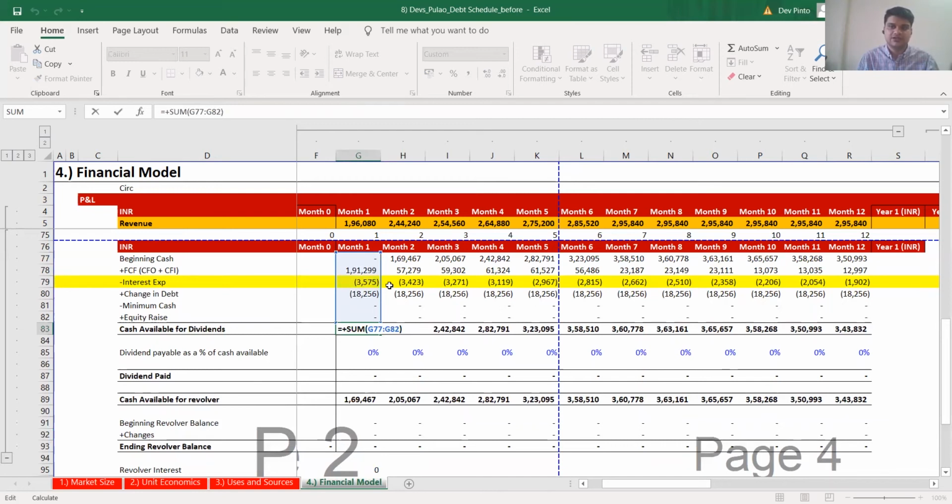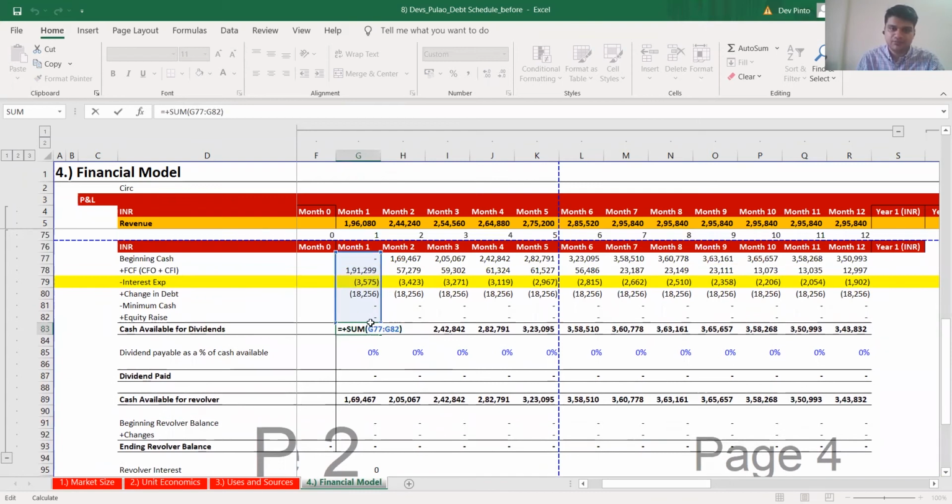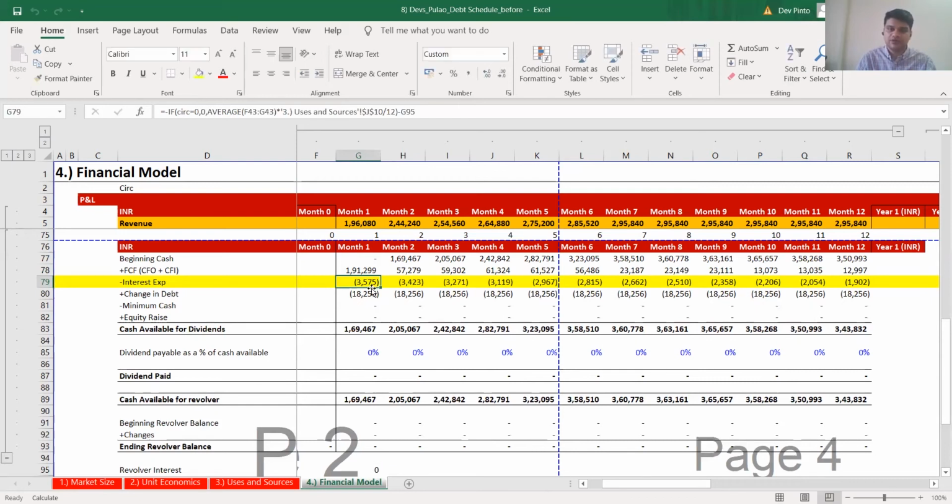So essentially what's happening is the output is linked to the input, because this interest expense component here has interest on the debt that I used to start the business, as well as a revolver. And basis what that amount is, I'm going to have a cash flow amount here, and basis what this is, I'm going to have this balance, and basis what this is, I'm going to have the ending revolver balance, and basis what the ending revolver balance is, I'm going to have an interest computation for revolver, which is again going to flow into this, right?